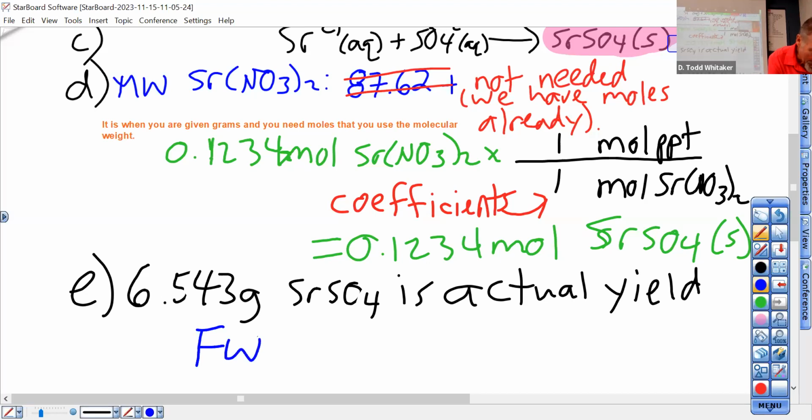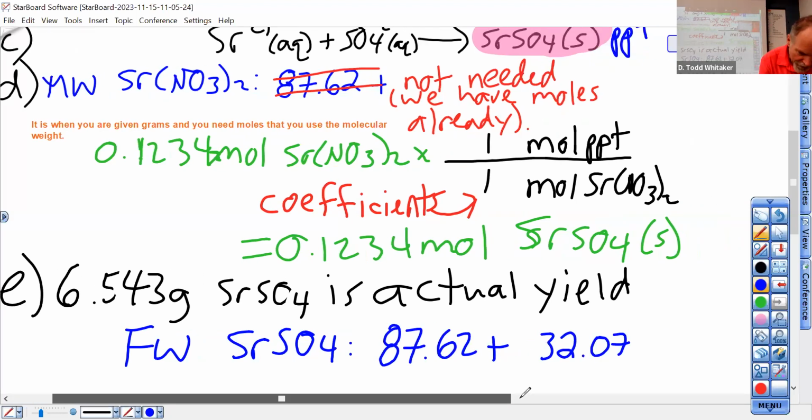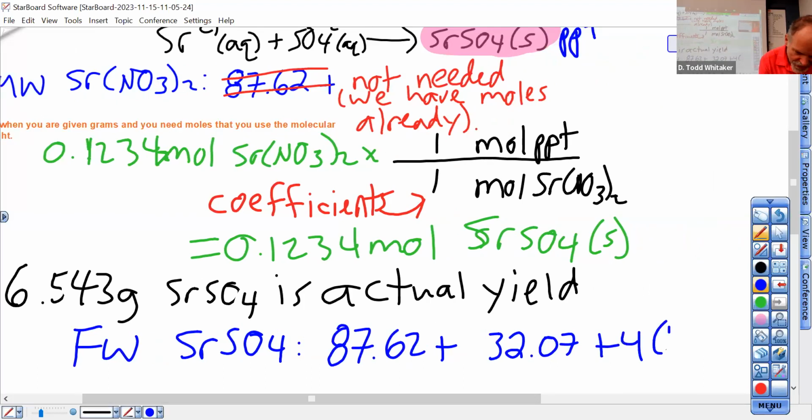This is where you need a formula weight. Strontium hits you for 87.62. Sulfur 32.07. 4 oxygens, 16 each.